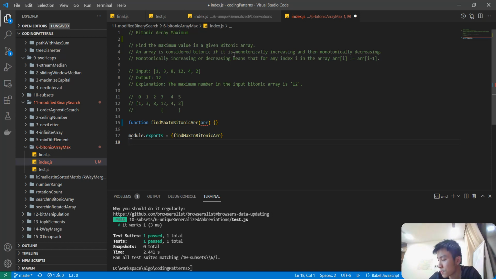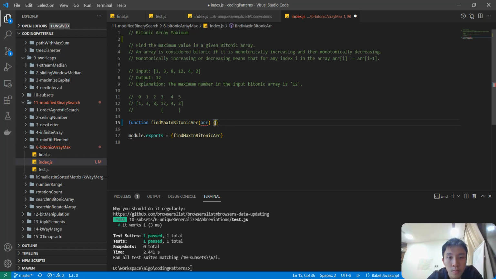In some sense, it's still sorted, right? It is sorted in the first part in ascending order, and it is also sorted in the second part in descending order.